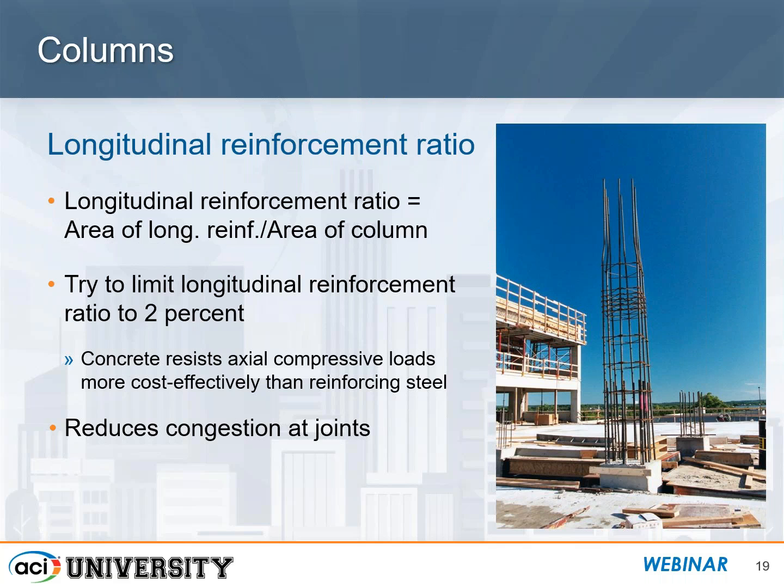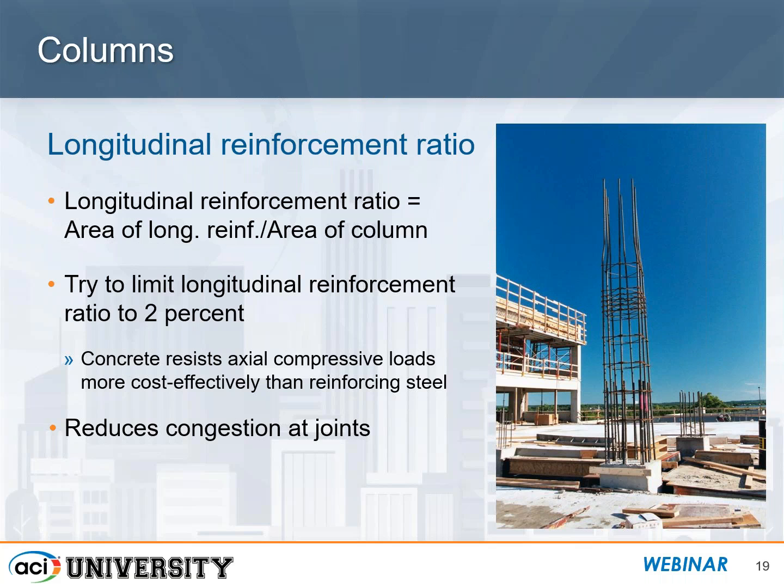So having more concrete there certainly makes sense. And limiting it to 2% is going to help out a lot with constructability, especially at the joints, and especially if you're going to use the typical type of splice, which is a lap splice right above the floor level. That area can get congested very, very quickly.